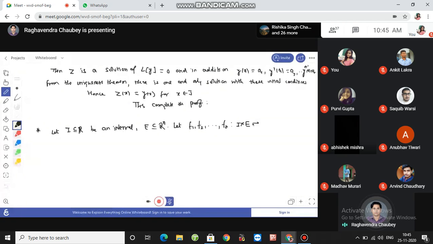This is the mapping to real R. These are given continuous functions.